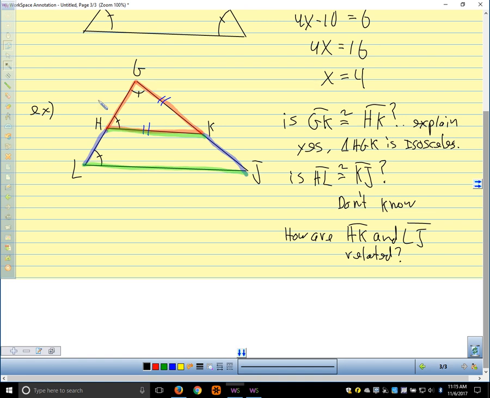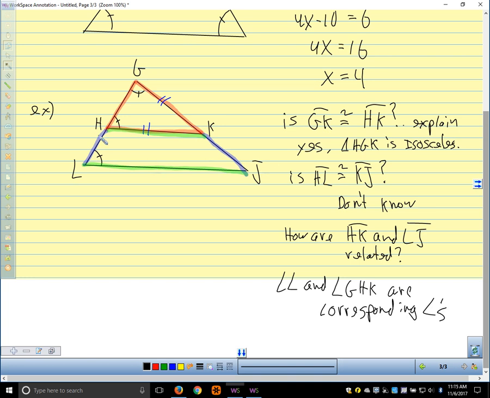So if we're looking at these two green segments as our lines, and this segment going up the side as a transversal, what kind of angles are these two? They're corresponding. Angle L and angle GHK are corresponding angles. And they're congruent.